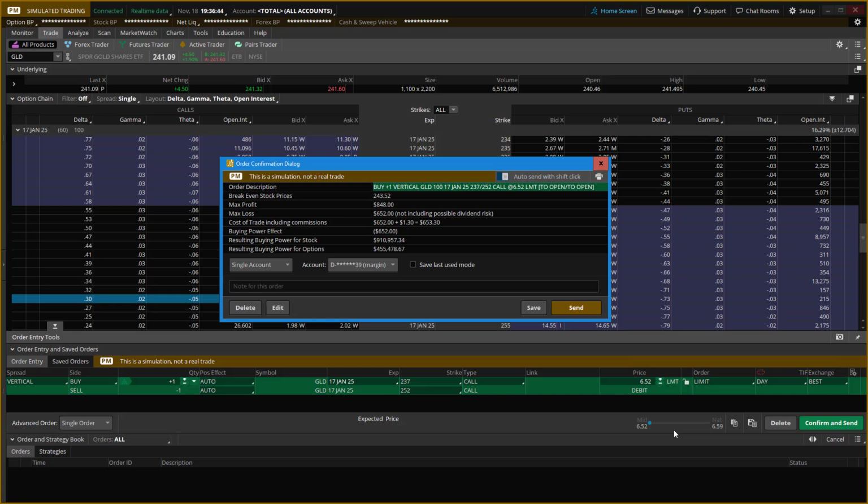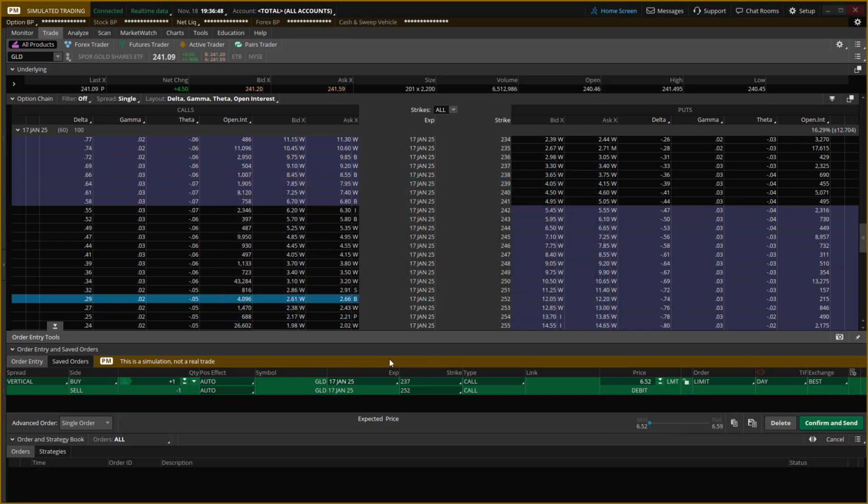Now the other thing about these trades, guys, that a lot of people get concerned about, and it's probably because they just don't know, is that on a trade like this, I can close both of these at the same time.